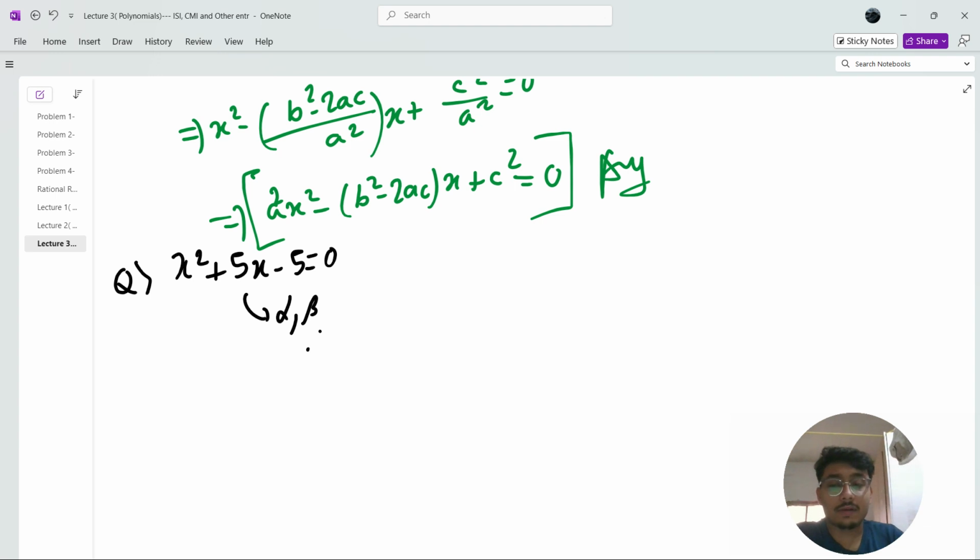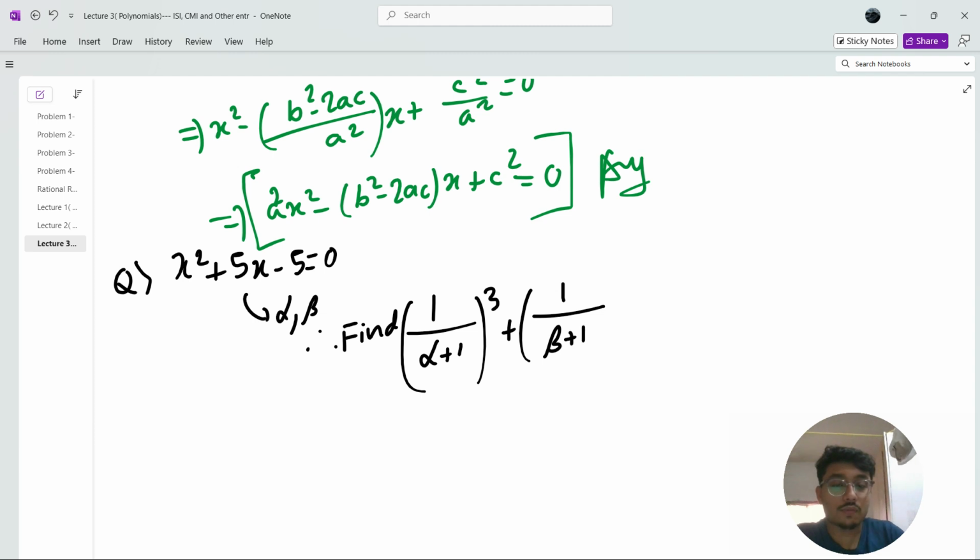Here we don't need to find an equation, we need to find the value of 1 by alpha plus 1, whole cube, plus 1 by beta plus 1, whole cube. So this is what we need.